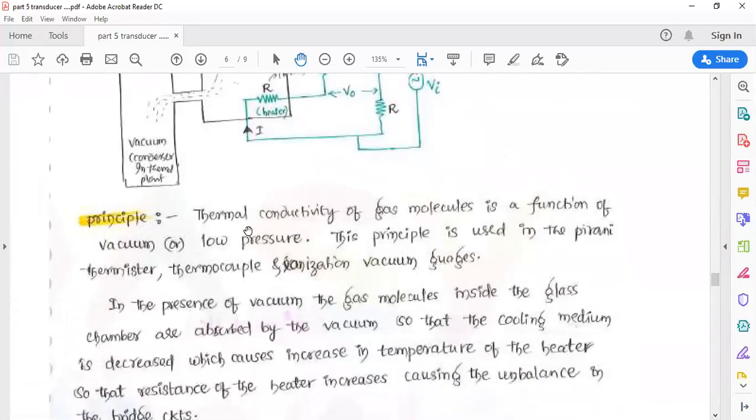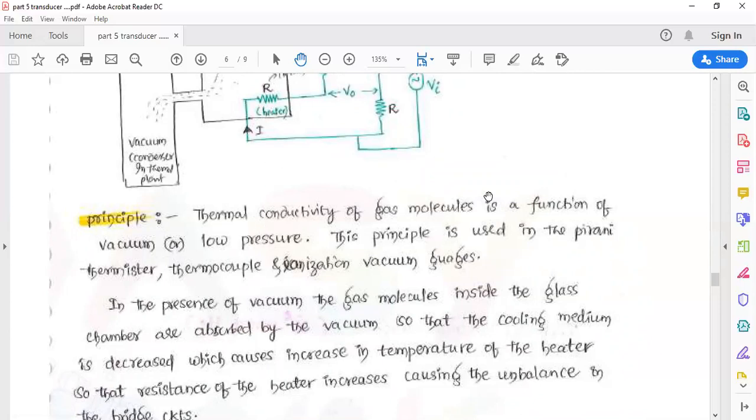The principle of the Pirani gauge transducer is that the thermal conductivity of gas molecules is a function of vacuum or low pressure. This principle is used in the Pirani gauge, thermistor, thermocouple, and ionization vacuum gauge. In the presence of vacuum, the gas molecules inside the glass chamber are removed by the vacuum, so that the cooling medium is decreased, which causes an increase in temperature of the heater, so that the resistance of the heater increases, causing an unbalance in the bridge circuit.